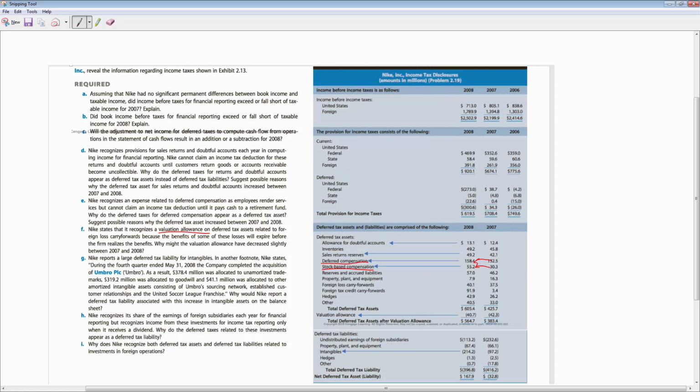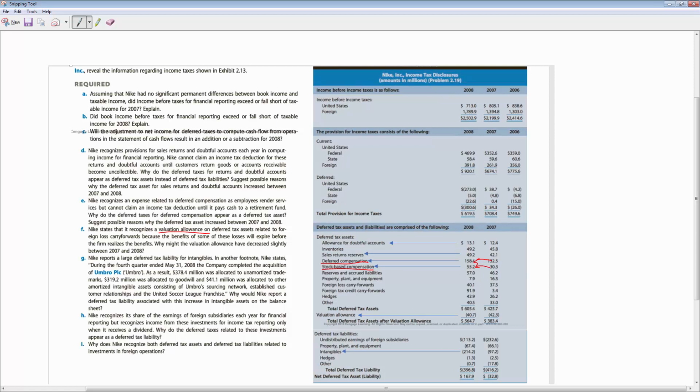Actually, deferred tax assets are a kind of benefit for the company, because deferred tax assets are considered a prepayment of tax to the government, right? And this will offset future profits or future tax liabilities. So this is a kind of benefit for the company.